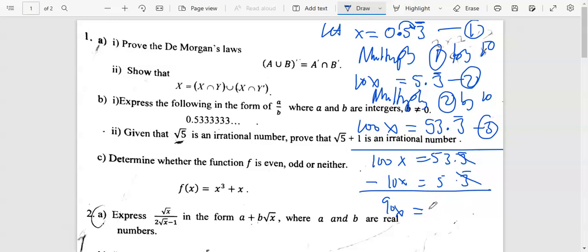No, should be 48. Then divide both sides by 90. So that will be 48 over 90. Now there's a number that can go into both of these without leaving a remainder. So you need to divide by that number so that no remainder is left. Okay? Are we okay?